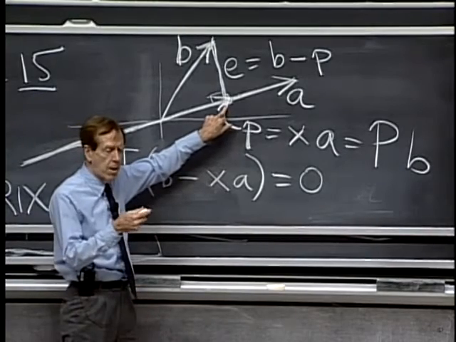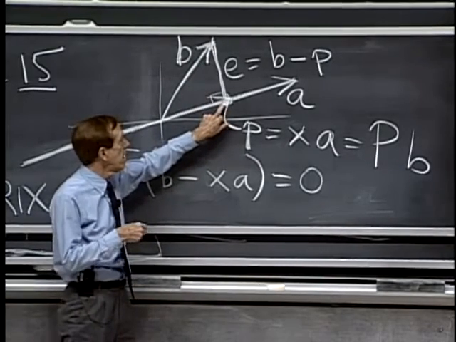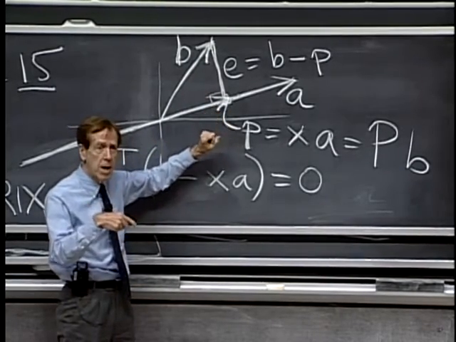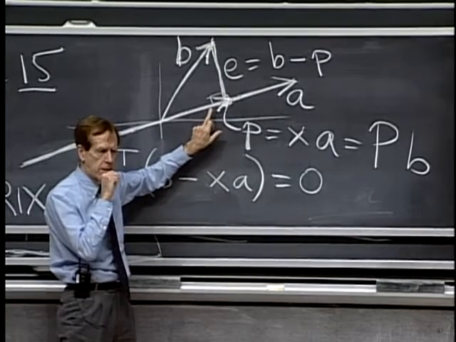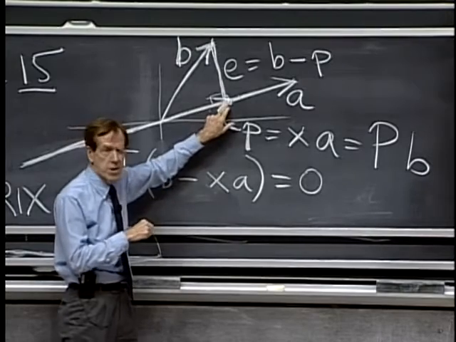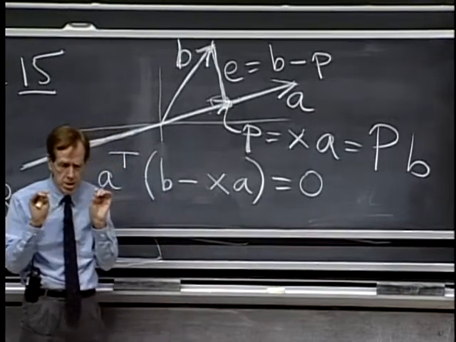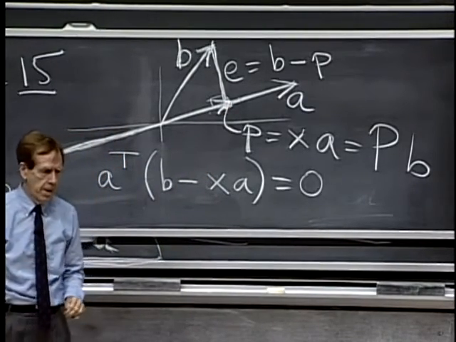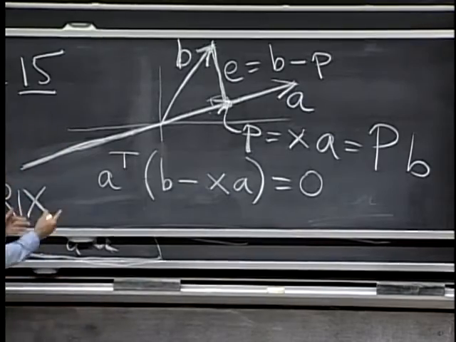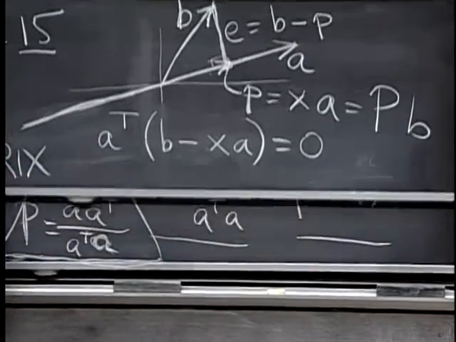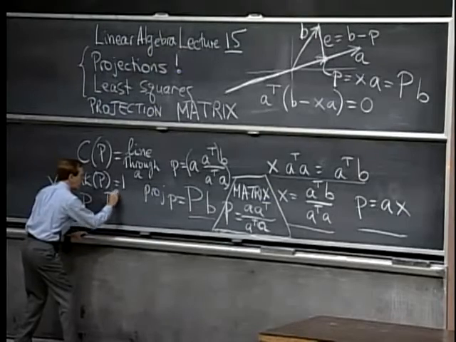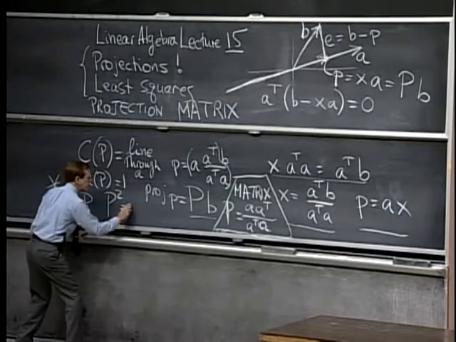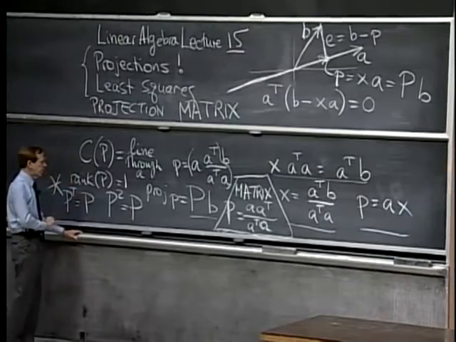I'm applying it once, brings me here, and the second time, I stay put, right? The projection for a point on this line is right where it is. The projection is the same point. So if I project twice, I get the same answer as I did in the first projection.